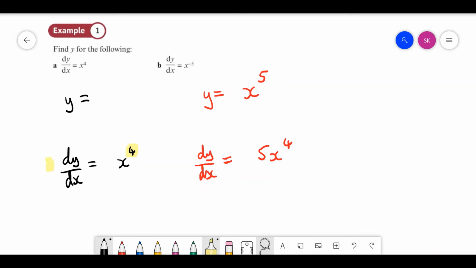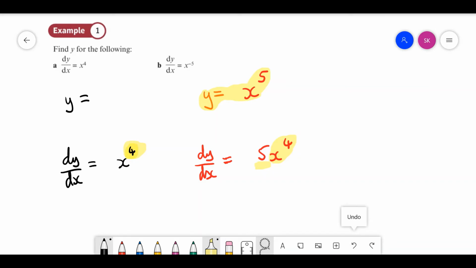So I start off by writing the differential here. I write y equals here, step 1 and step 2. After that, I look at the power and I ask myself, what must the original function of y have as its power in order to differentiate to get this 4 here? Obviously, in this case, it's x to the power of 5 differentiates to x to the power of 4 with something in front.